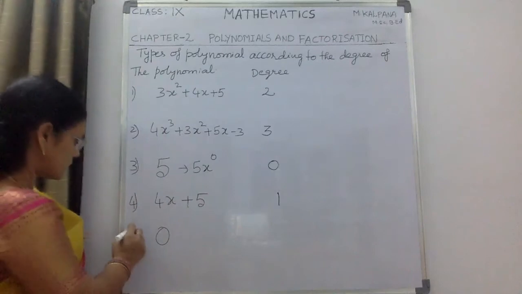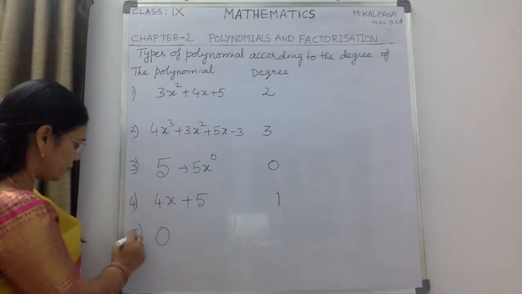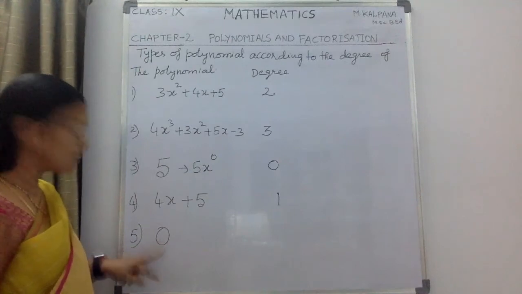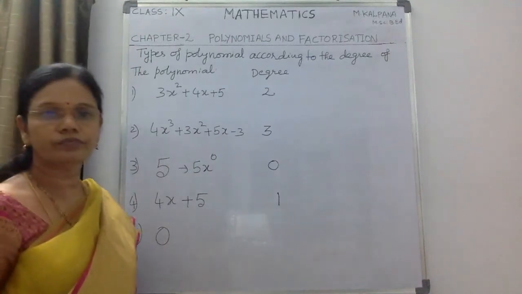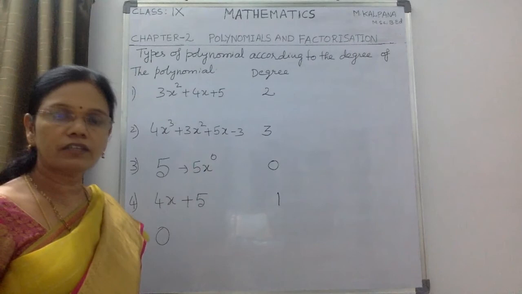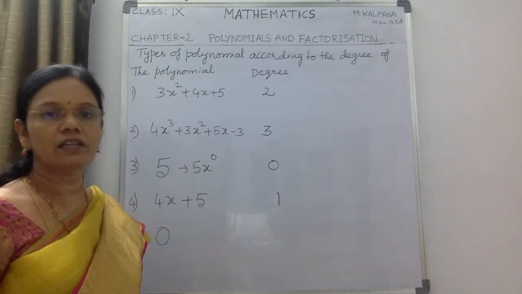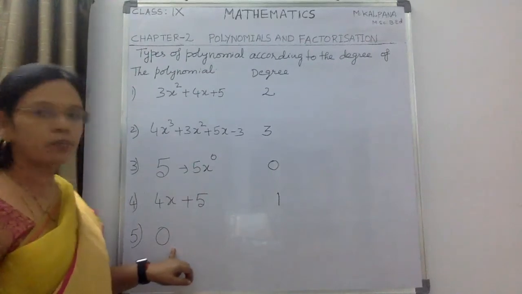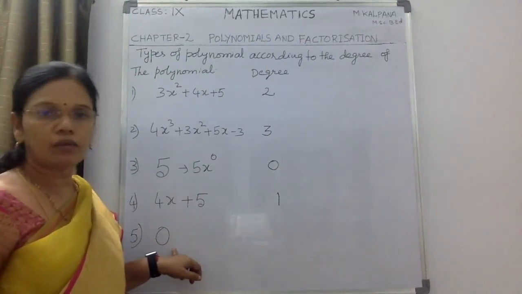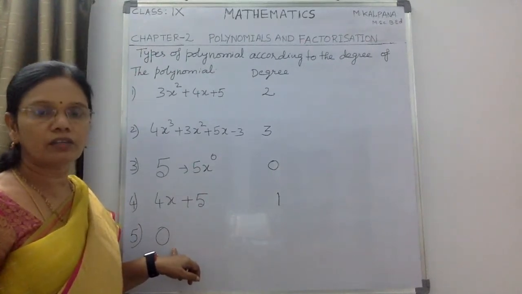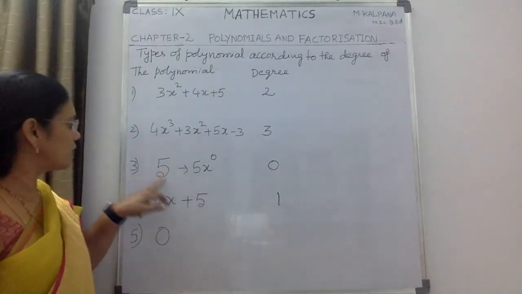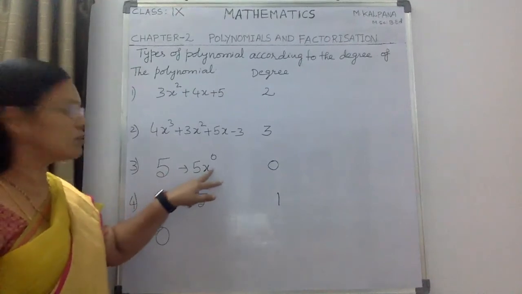Now the last one is 0. Can you say the degree of the 0? No, you cannot say. You cannot define it because it cannot be written as a product of the variable. When you come to the constant, 5 can be written as 5 into x to the power of 0.